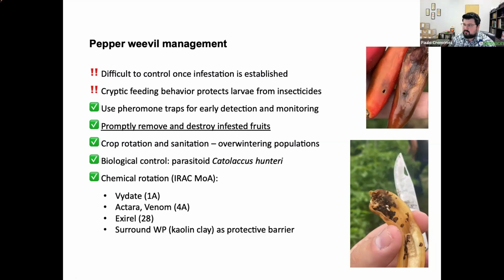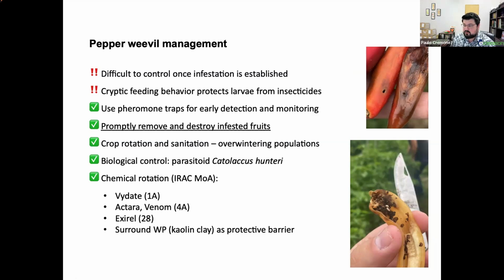Probably remove and destroy infested fruits. So if you have a history of that in your area, that's already some alert you can use. Also, crop rotation is important to break that cycle, especially because the beetle will overwinter and come back in the springtime.